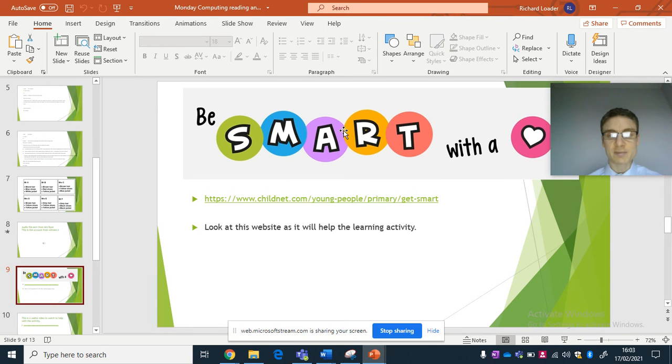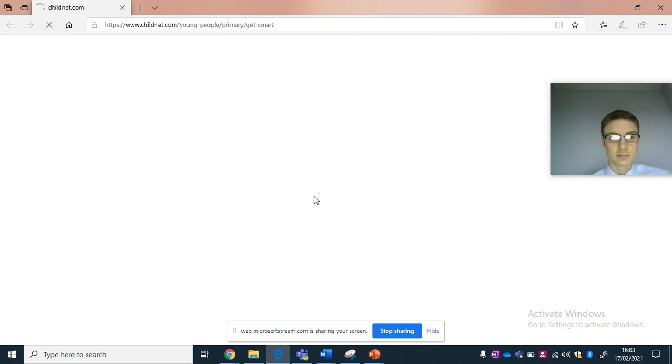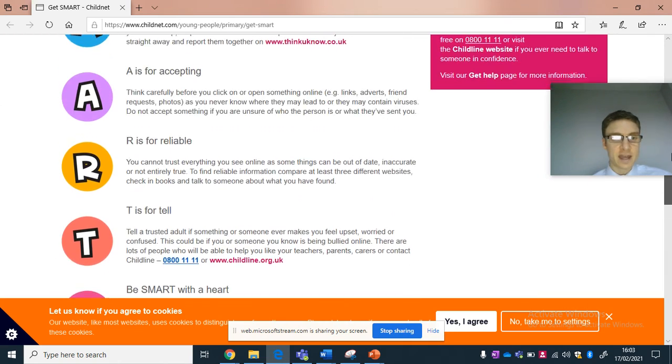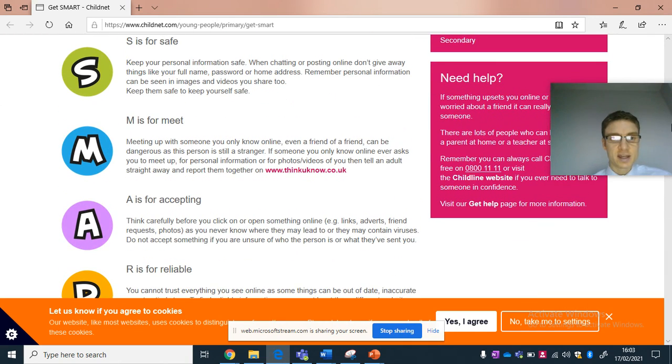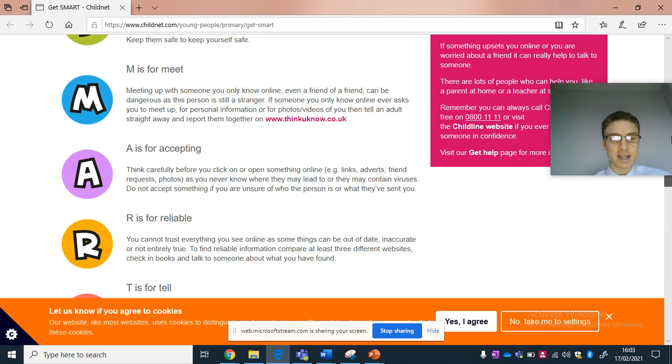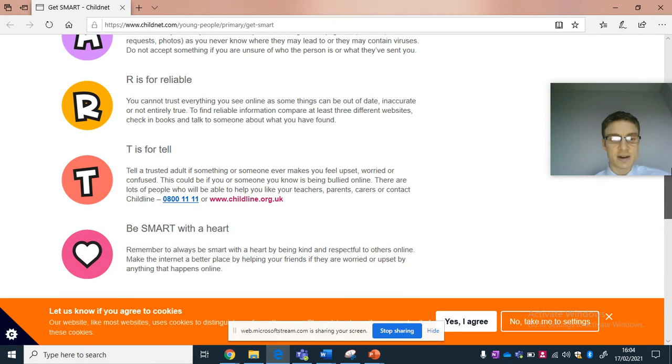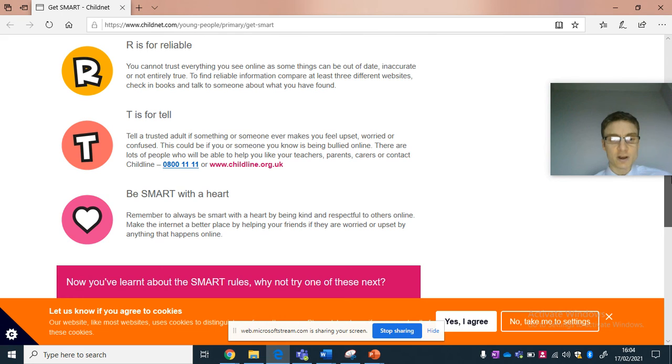Now this links in with the main learning. So we've got Be Smart. Now we've talked about the SMART rules before. Be smart with a heart. So you might want to go to this website, ChildNet, and look at their website, and it reminds you that S is for safe, M is for meet, A is for accepting, R is for reliable, T is for tell, be smart with a heart.